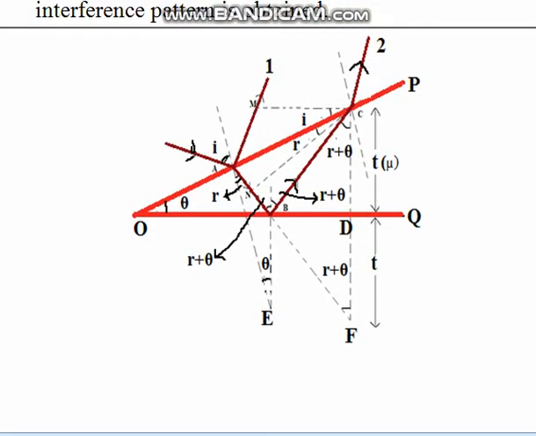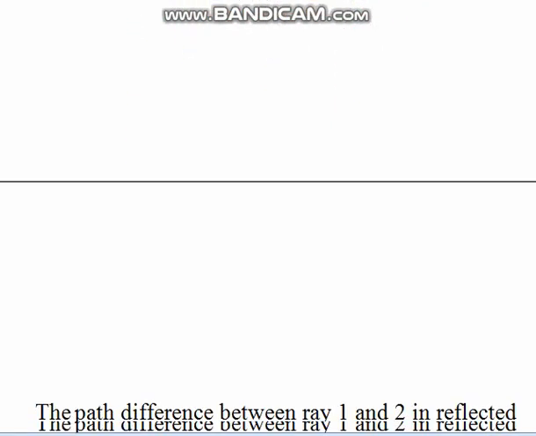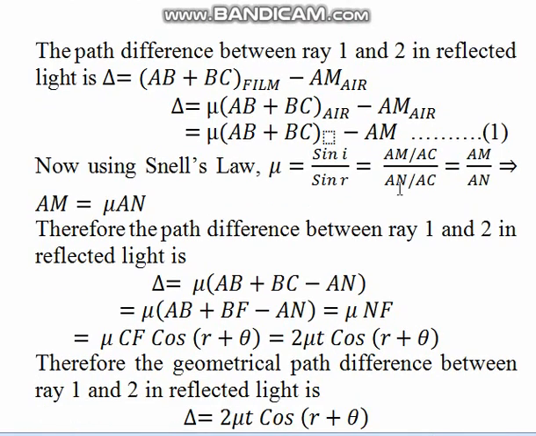So what is the path difference? AB plus BC in film minus AM in air. This path is in film and this path is in air, so we can't go further because of the different medium. We have to change to the same medium, and the preferred medium is air.